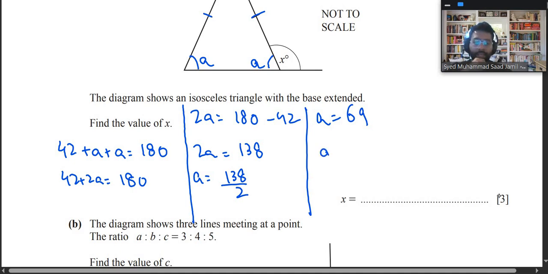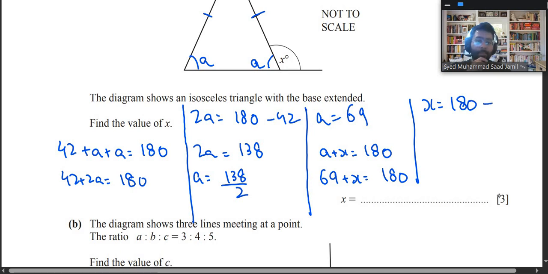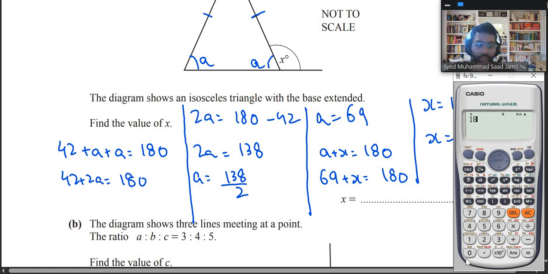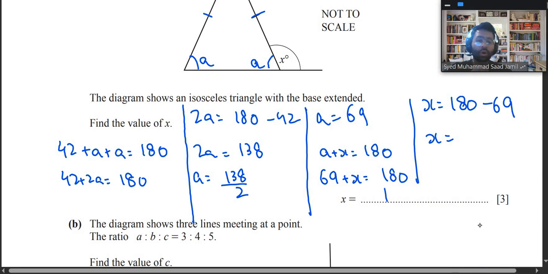So A plus X is equal to 180 degrees. We already know the value of A, which is 69. 69 plus X is equal to 180 degrees. X is equal to 180 minus 69. So X is equal to, we will use the calculator once again, 180 minus our answer. So X is equal to 111, and that is our answer.